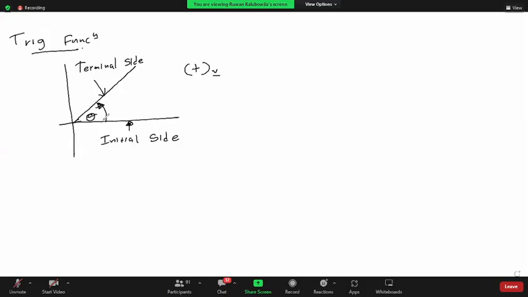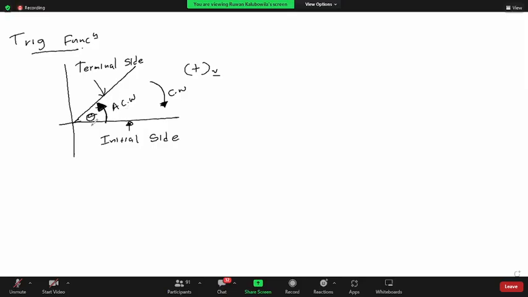From the initial side, if you define the angle in which direction, is this clockwise or anti-clockwise? Anti-clockwise, yes. What is the rotation direction? This way is clockwise. This is anti-clockwise.